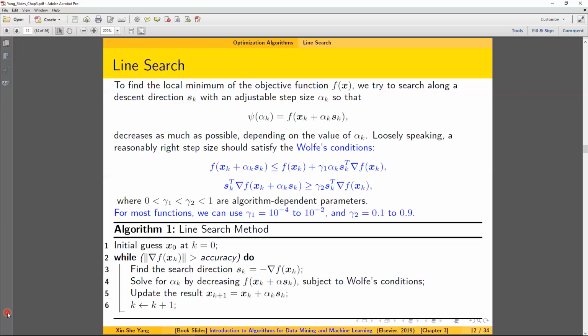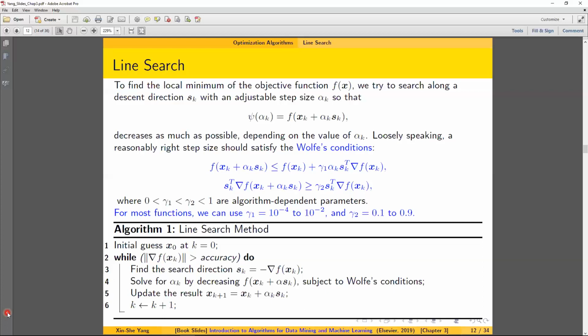In other words, we find the right step size so that our objective function decreases as much as possible.